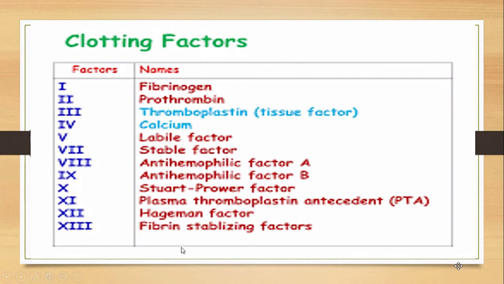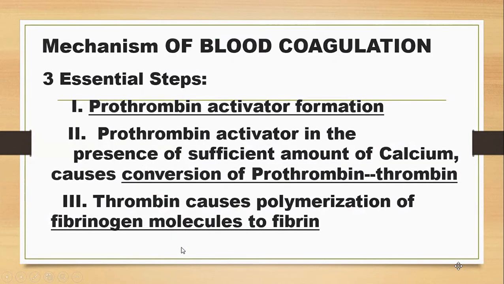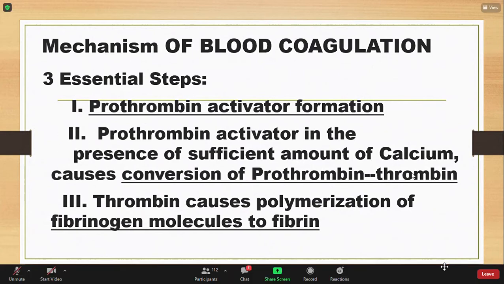Okay, so we'll go to the clotting mechanism. There are 3 essential steps in blood coagulation. The first is the formation of the prothrombin activator. Then the second step, the prothrombin activator, in the presence of a sufficient amount of calcium, will cause conversion of prothrombin to thrombin.